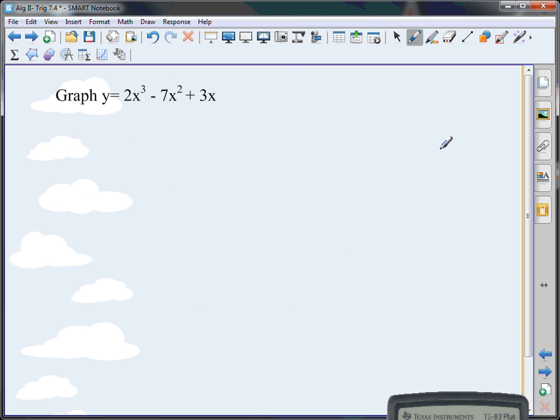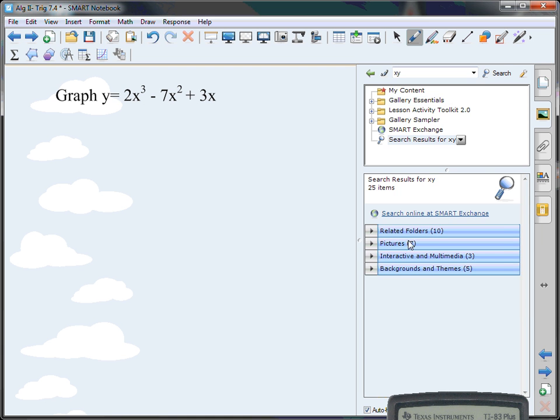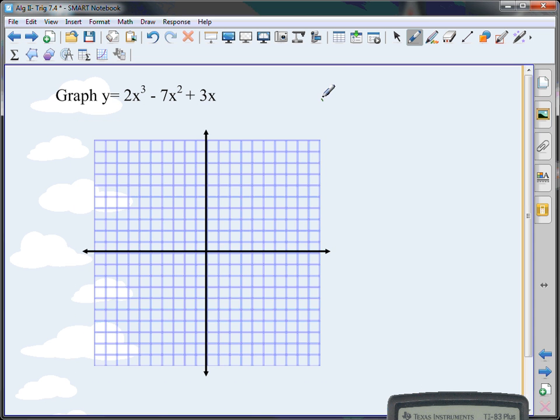I have the graph. We had a graph with zeros at 0, 1 half, and 3. That means I have a 0 here. I'm going to count by a half, okay?